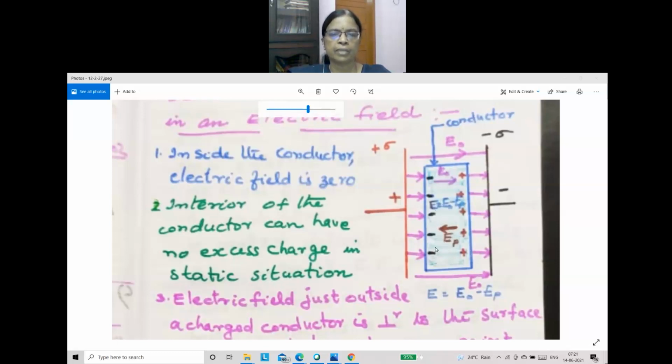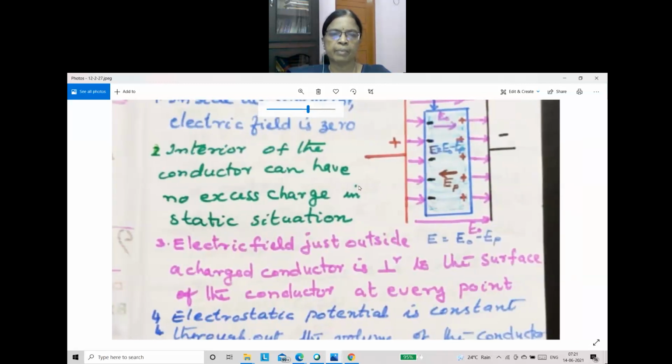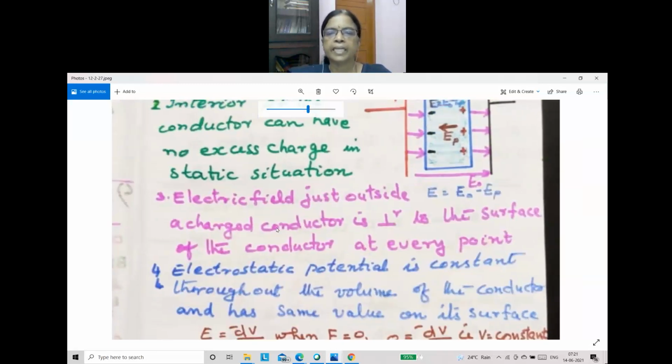That's a very important property when a conductor is kept in a uniform electric field. Okay, there is no excess charge when it attains a static situation, second property.